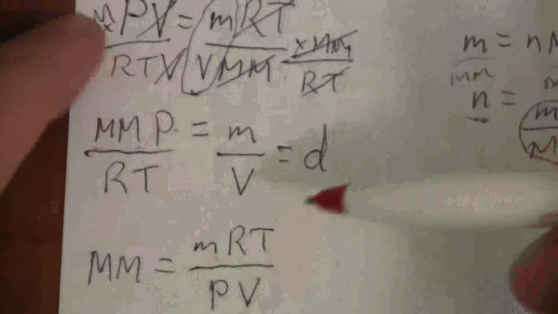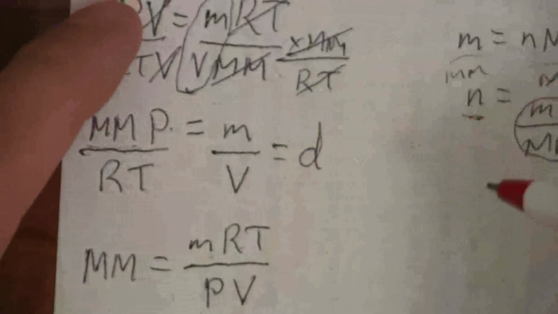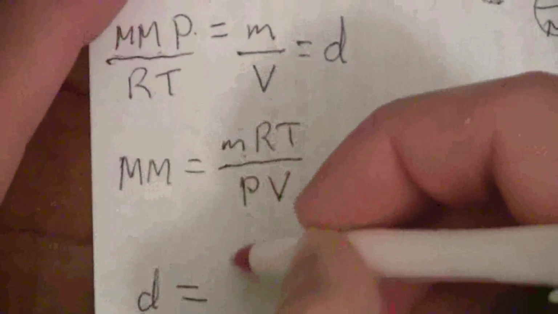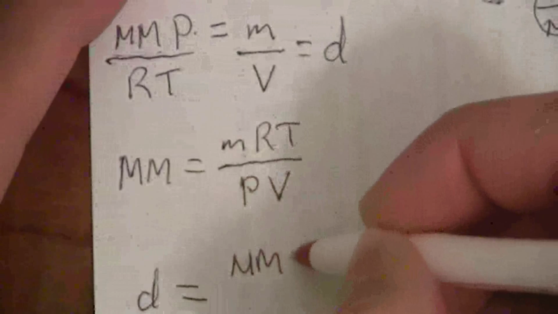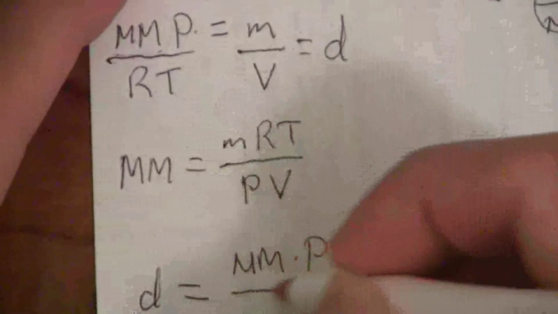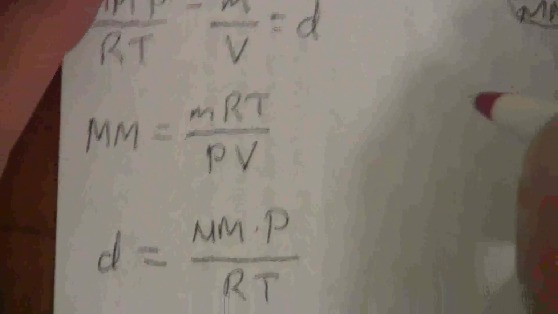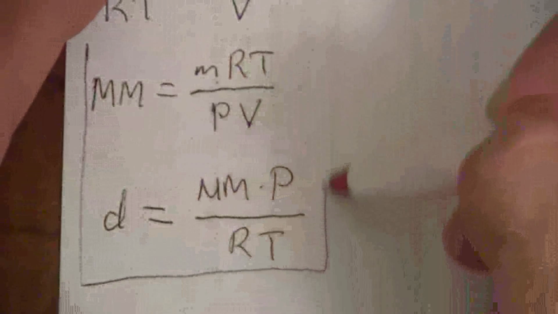So these are a couple of equations that may prove to be useful. Let me rewrite that one there: the density is the molar mass times pressure divided by R times temperature. These two equations will be useful to you.